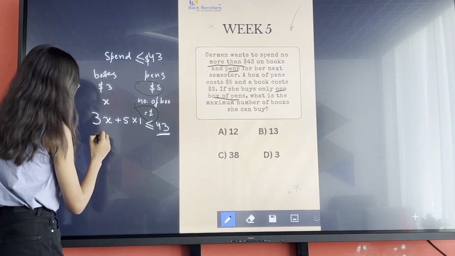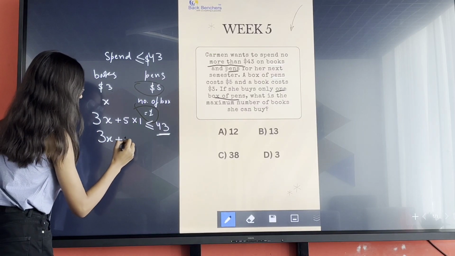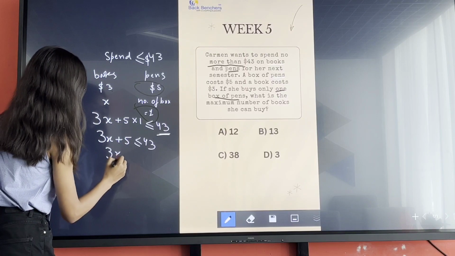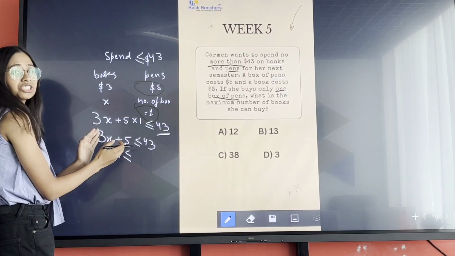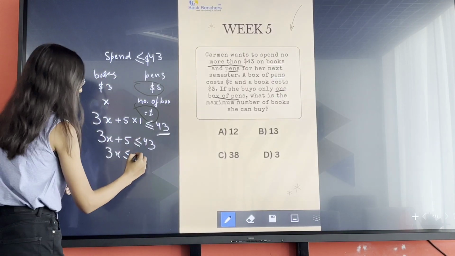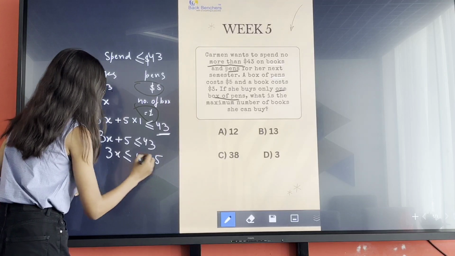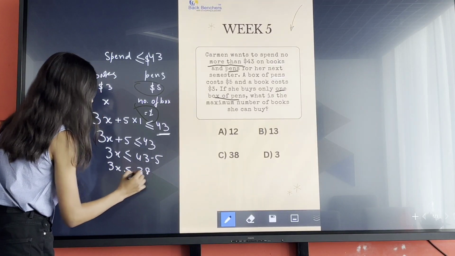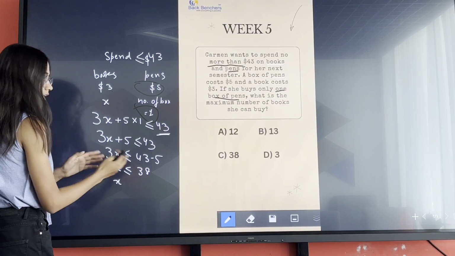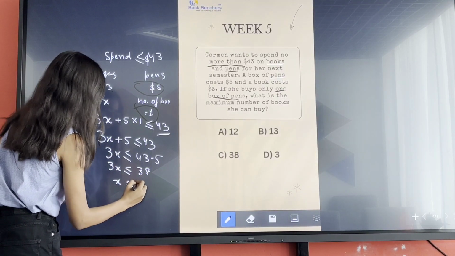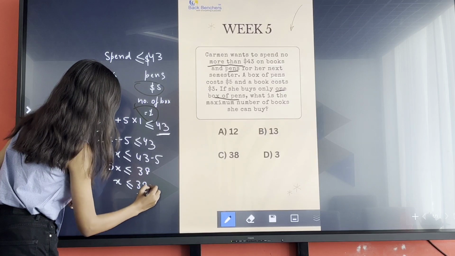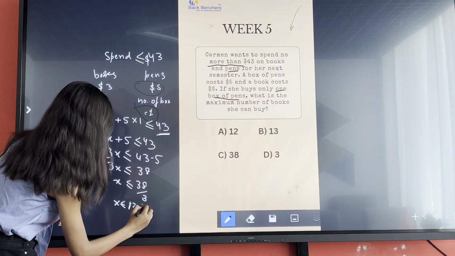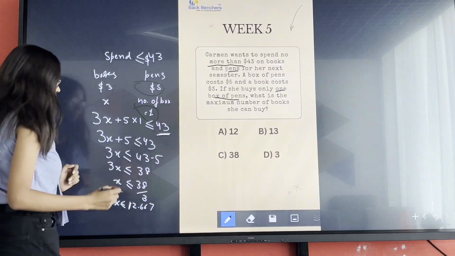Let's solve this. 3x plus 5 is less than or equal to 43. 3x is less than or equal to, shifting the 5 to the other side, 43 minus 5, which gives me 3x is less than or equal to 38. Let's take the 3 and divide on the other side. 38 by 3 gives approximately 12.667.